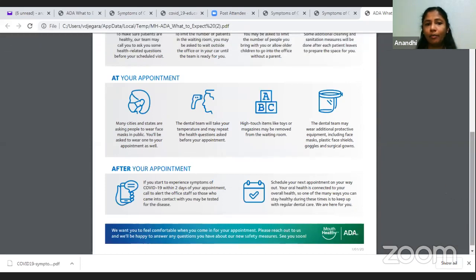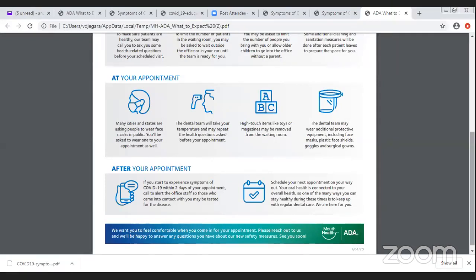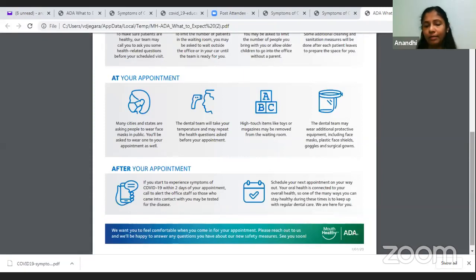And after the appointment, if the patient develops symptoms within 2 days of their appointment, they call us and let us know they have a COVID symptom. So we take appropriate steps and tell other people who were there at the time, like our staff. Even if there was one other person, we don't let patients come across each other.